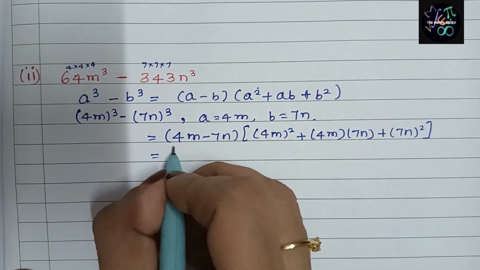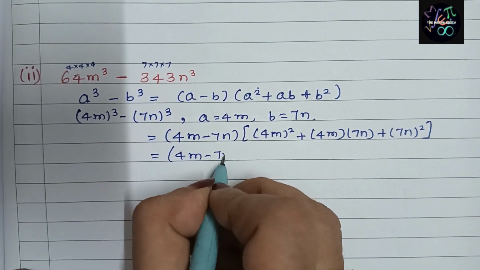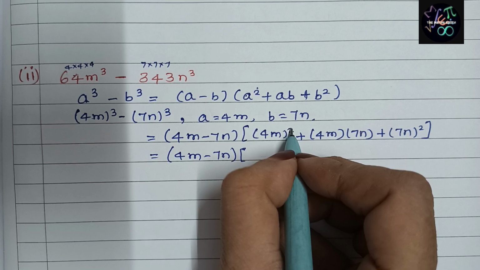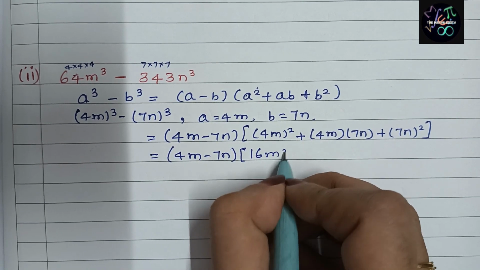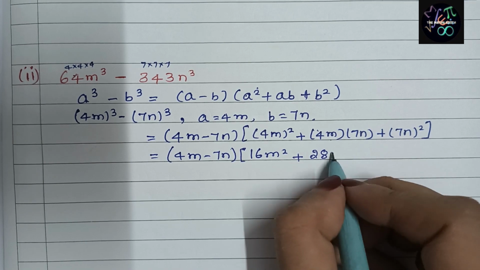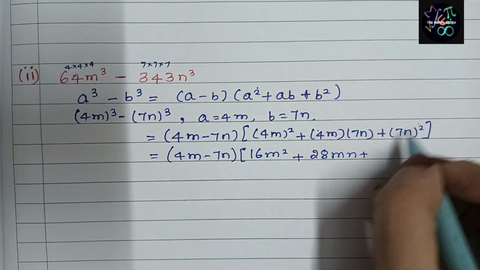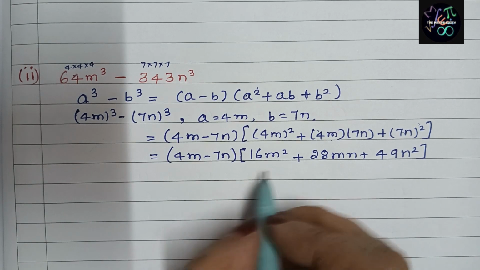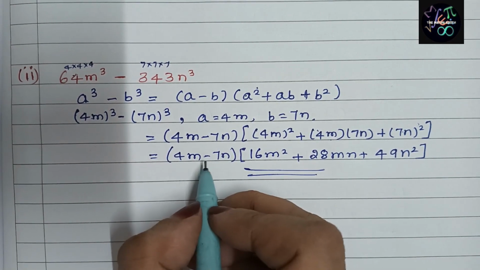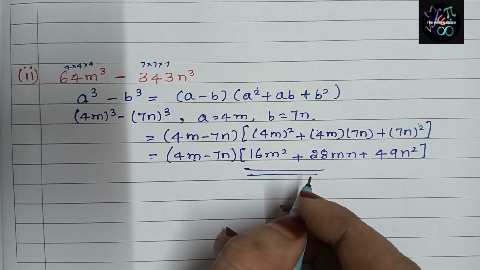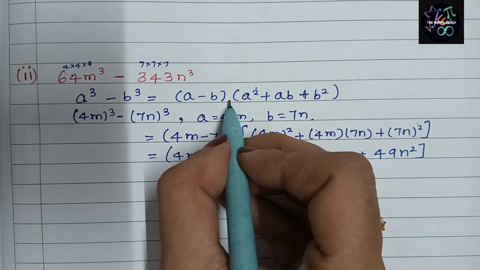Okay, this 4m minus 7n we cannot solve, so keep as it is. 4 square, 4 fours are 16, m square as it is, plus 7 fours are 28mn, 7 square 49, 7 sevens are 49, n square as it is. So this is the answer. We cannot solve further because they are unlike terms, m and n. In this way, by using this formula we have to solve.